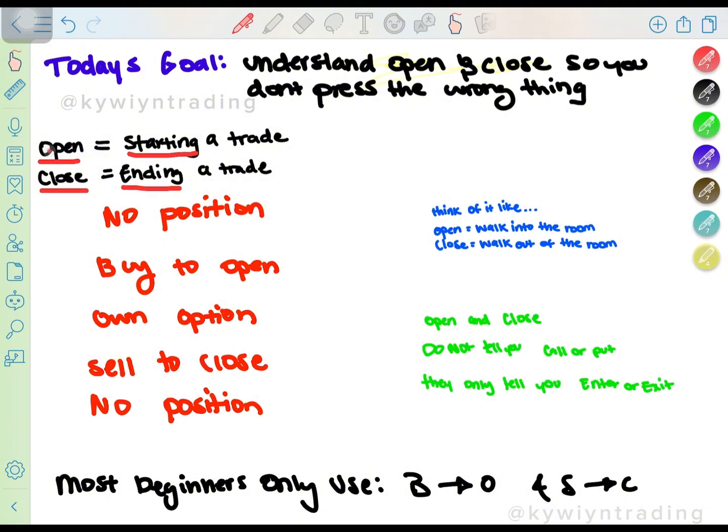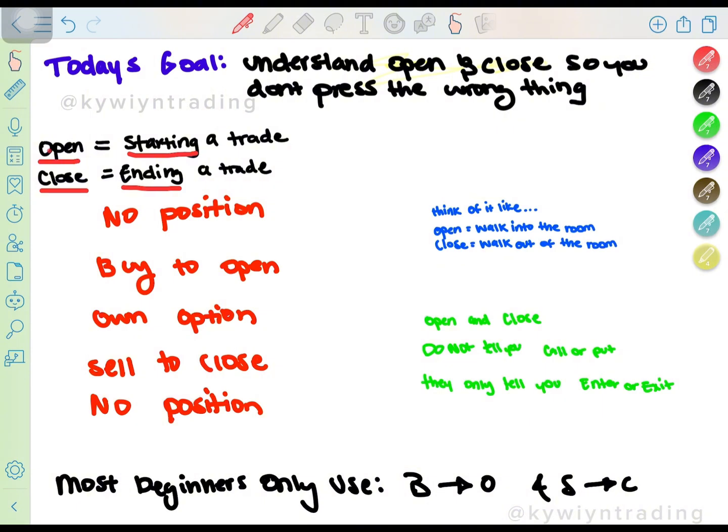Imagine that you don't own anything. There's no position, nothing. You haven't entered into any trades at all. So you decide that you want to buy a call. You think the price of a stock is going to rise, and therefore you want to get into a trade and take profit as the stock rises higher.